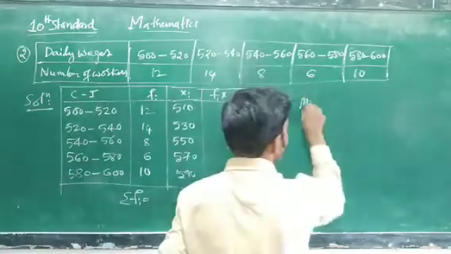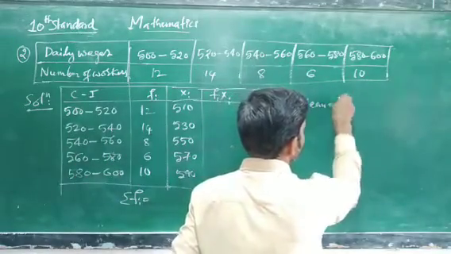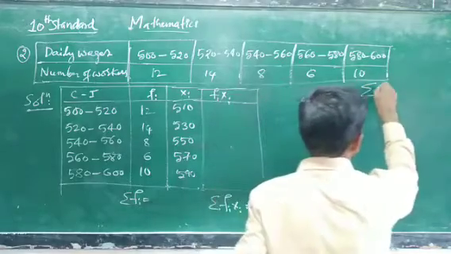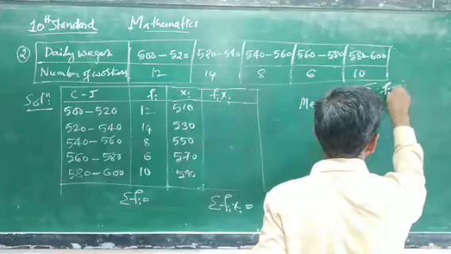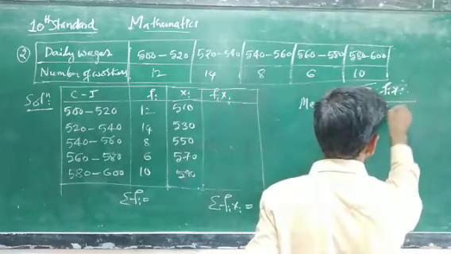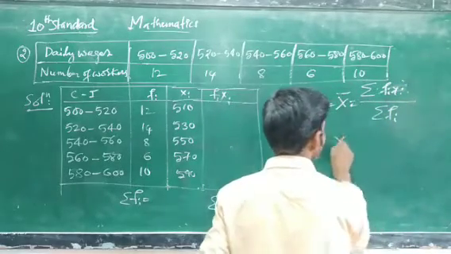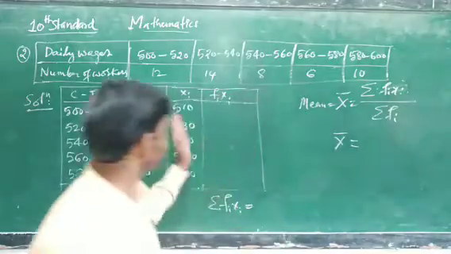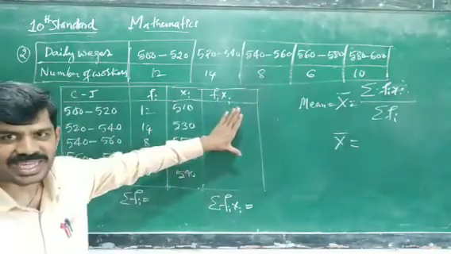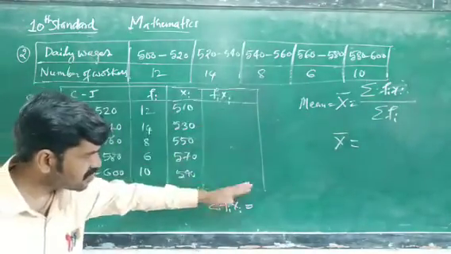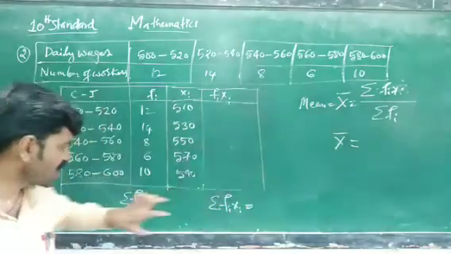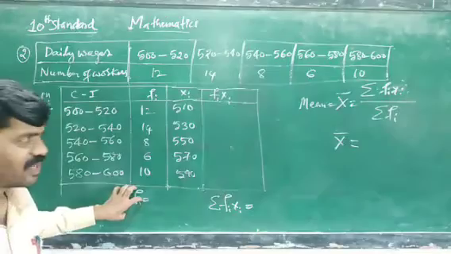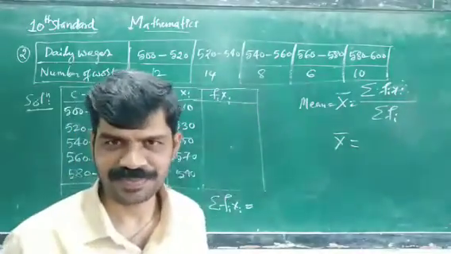What is the mean? Mean, x bar, is equal to summation of fi xi divided by summation of fi. Add all these and we will get the summation of fi xi. Summation of fi xi divided by summation of fi, we will get the mean.